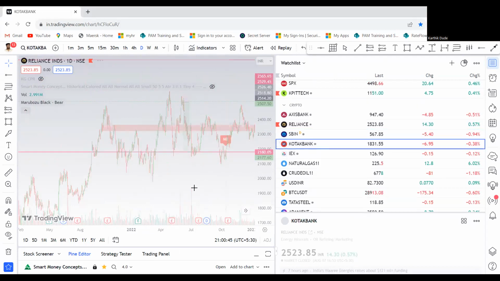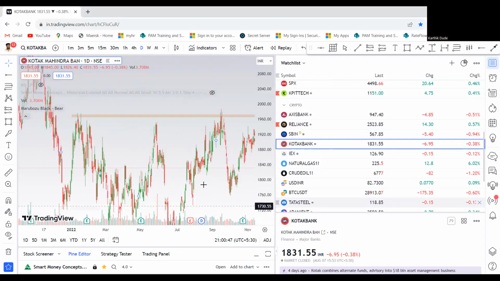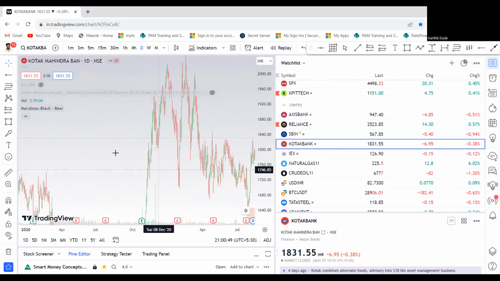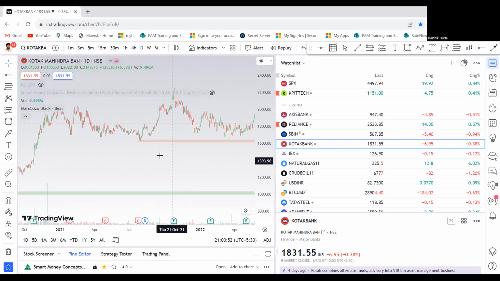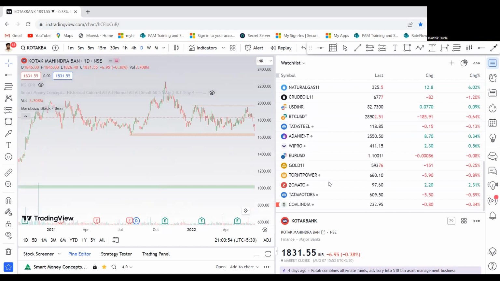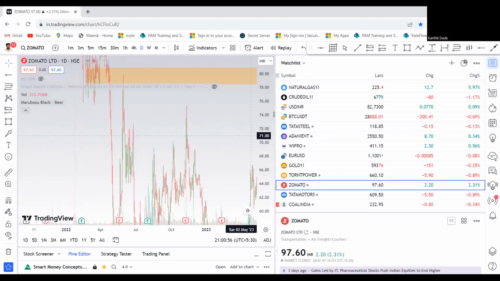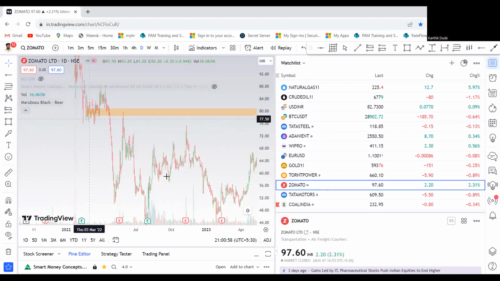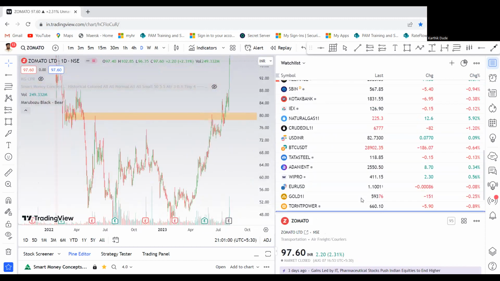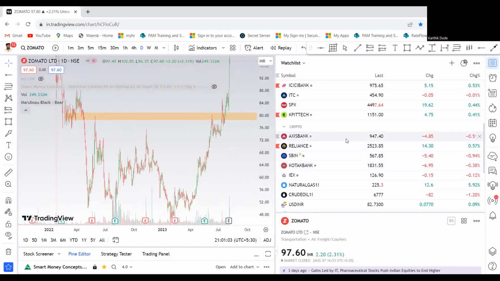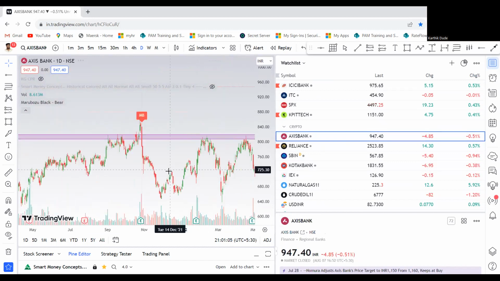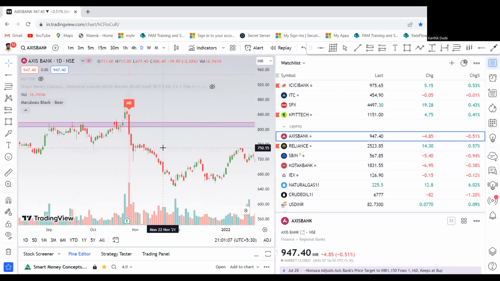Let's try somewhere else. See here, a very big red candle is formed.